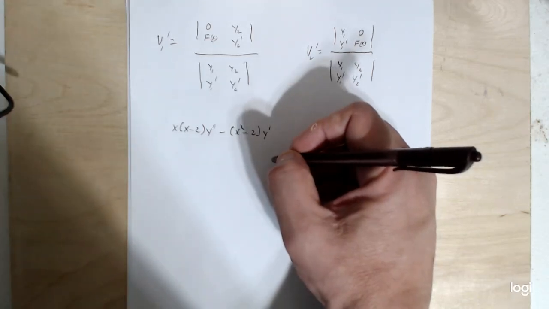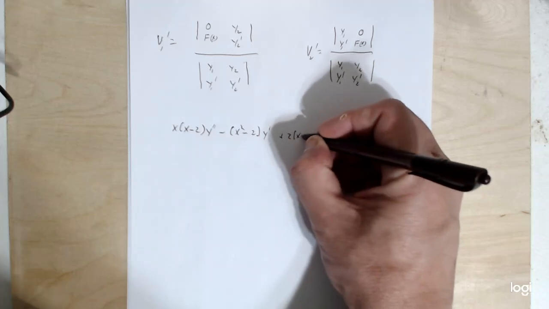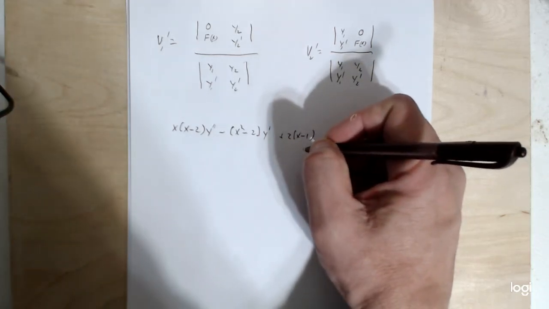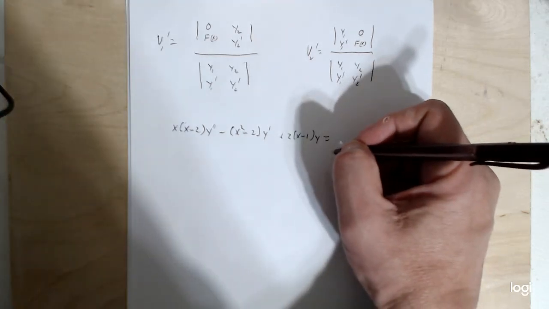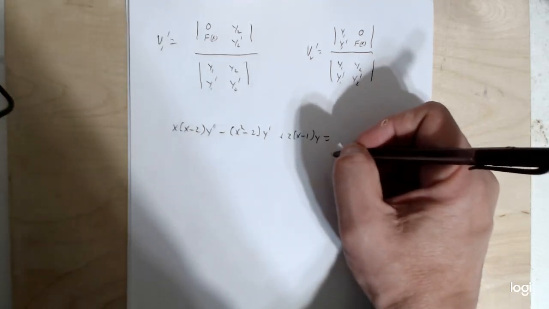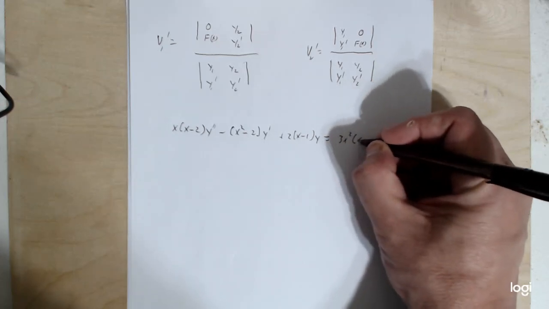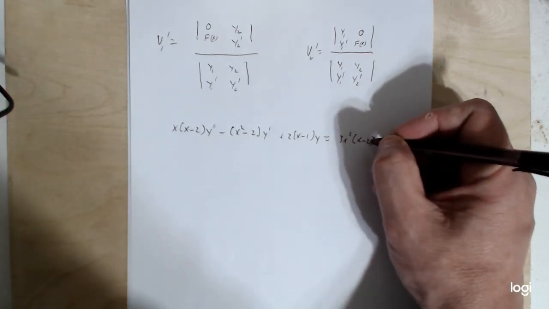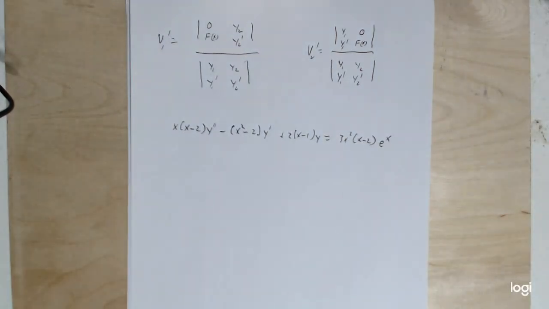And then we have plus 2 times x minus 1, times y. And that's going to equal 3x squared times x minus 2 times e to the x. Whew, bit of a mess there.